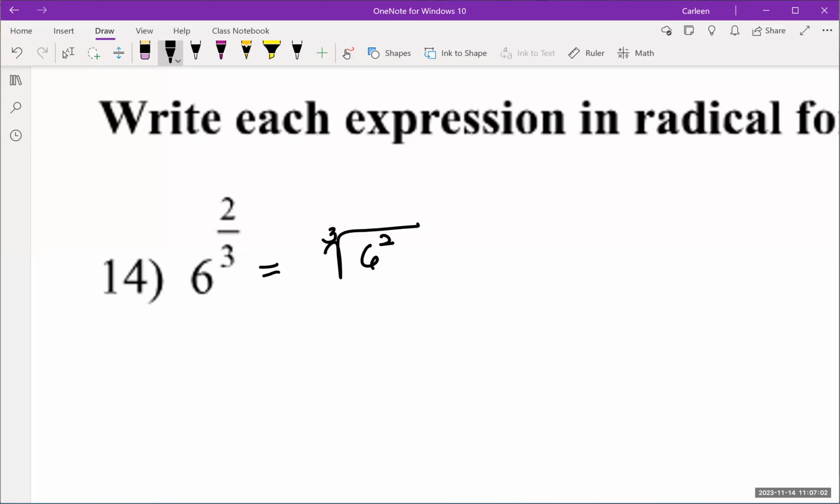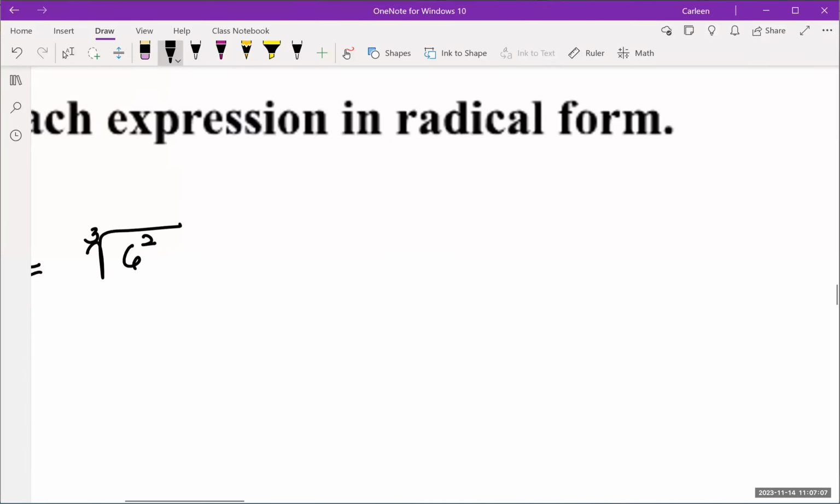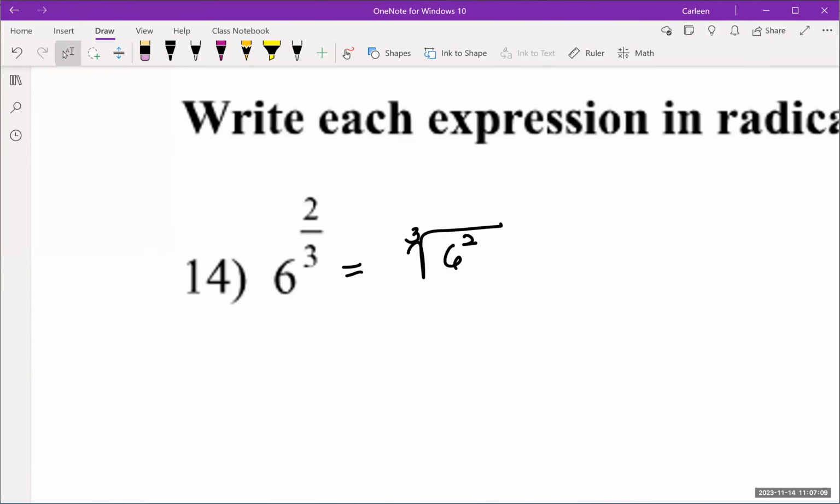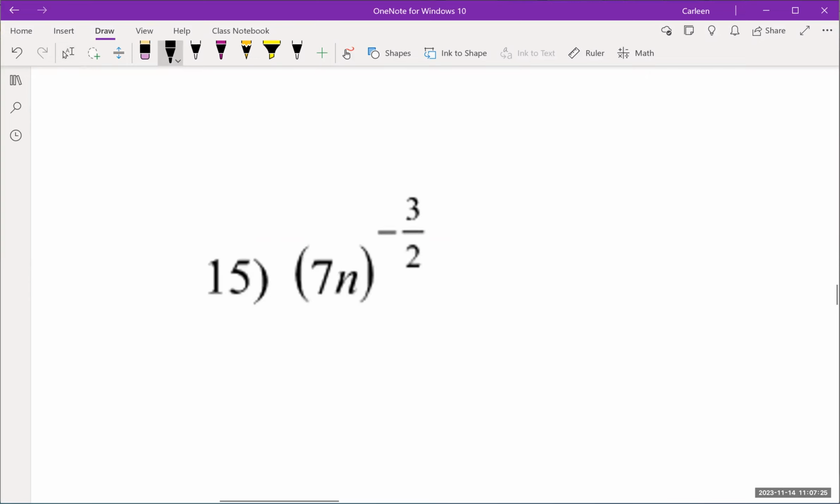So we have radical form and what do we call this? Exponential equation. Anyway, we're changing it to radical form. Exponential form. So we're going from exponential form to radical form.